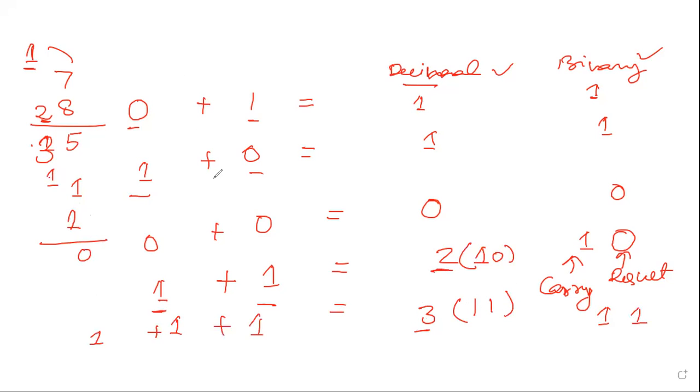Now using this table, using this summary of rules, it is very easy to do the binary additions. 0 plus 1 will be binary 1. 1 plus 0 will be binary 1. 0 plus 0 will be binary 0. 1 plus 1 will be 0 with a carry 1. 1 plus 1 plus 1 will be a 1 with a carry 1. So using these rules, now we will try to understand how we can do binary additions.